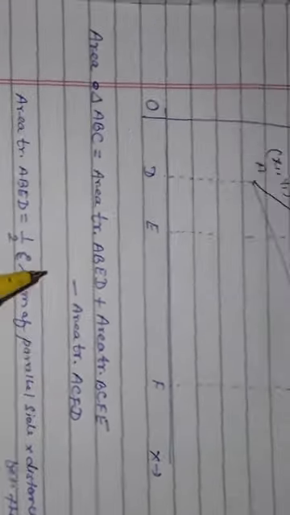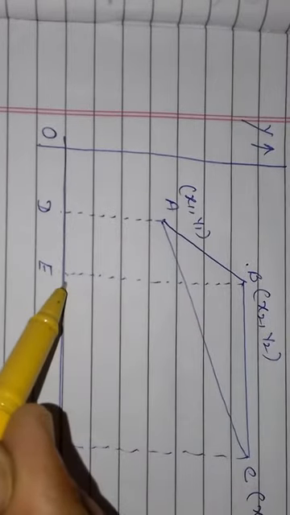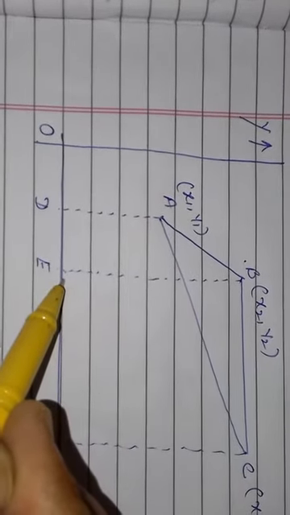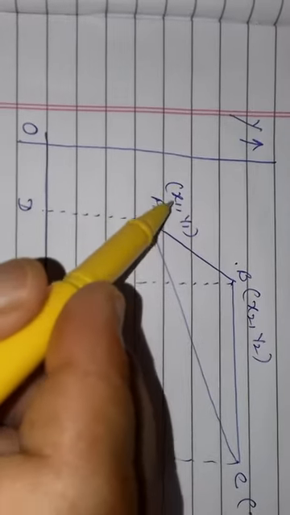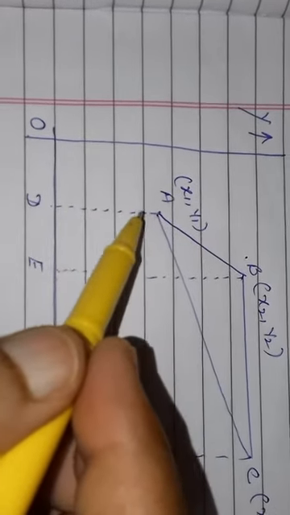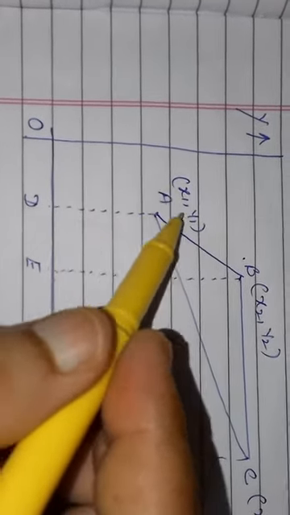Now let us find out BE and AD. The coordinate of this point is x2 y2, meaning this distance will be x2 and this distance will be y2. So it is clear that the distance BE will be y2, and similarly the coordinate of point A is x1 y1, so the distance AD will be y1.